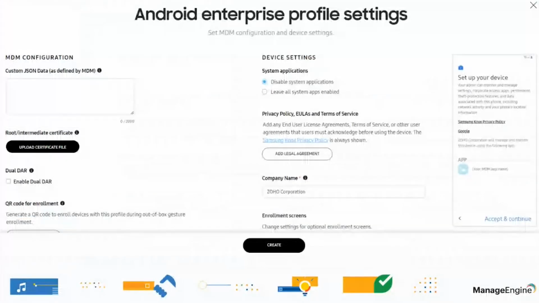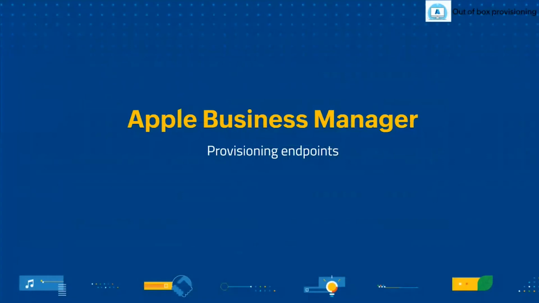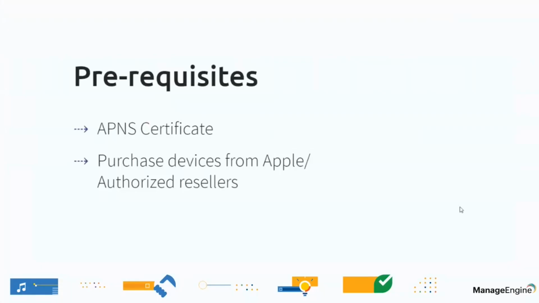Similarly, when we go to iOS devices, we have Apple Business Manager. In Apple Business Manager also, you need to have an account created for your own organization under Apple's portal called ABM, which is Apple Business Manager. The prerequisite for this enrollment option is you need to configure APNS certificate. APNS certificate is Apple Push Notification Service certificate.